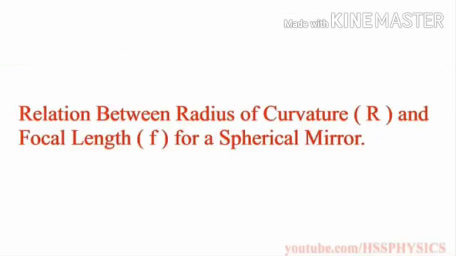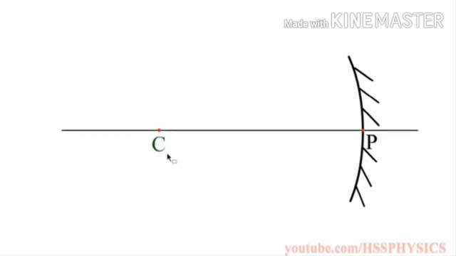Next, we see the relation between radius of curvature R and focal length f for a spherical mirror. Consider a concave mirror. There is a pole of this mirror, P, and a center of curvature, C. If we join these, we get the principal axis.